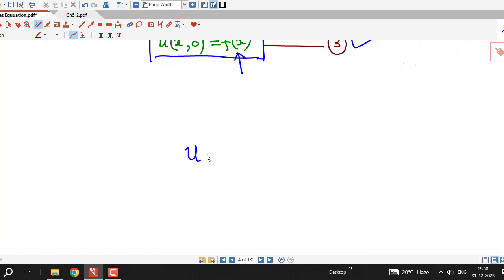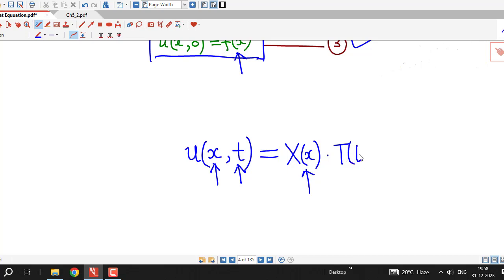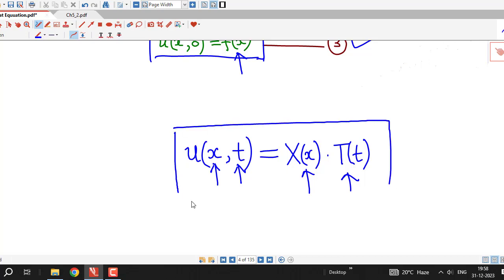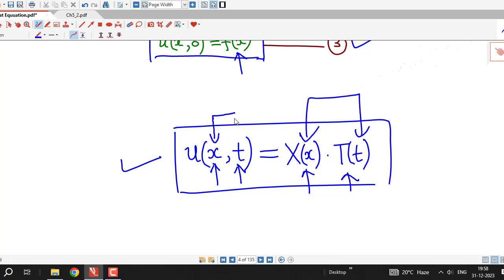So our aim here is to determine the temperature u(x,t) at any position x and at any time t, and for that we assume that this solution is written as product of two functions, one is function of x only and another is function of t only. This is the method of separation of variables.